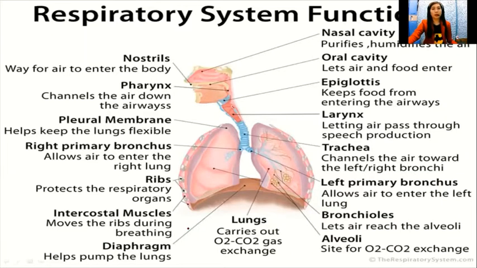As you inhale or exhale, there will be movement of your muscles when you're breathing, and your diaphragm helps pump the lungs, so that there will be movement of air as the diaphragm pumps.